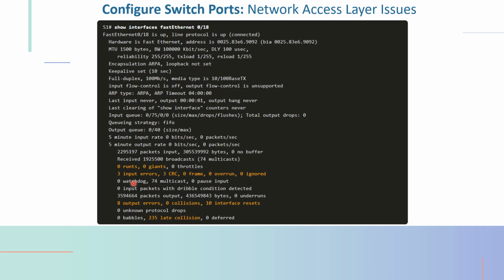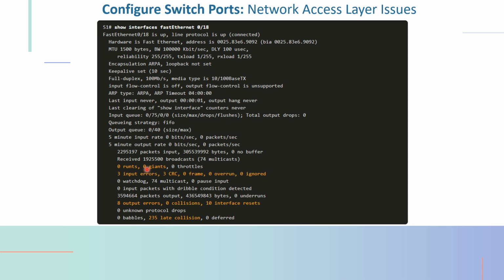We have runts, which are frames that are discarded because they are smaller than the minimum frame size for the medium. An Ethernet frame that is less than 64 bytes is considered a runt. We have giant frames, which are frames that are discarded because they exceed the maximum frame size for the medium, and we know that the maximum size is 1518 bytes; if a frame is bigger than that, it is considered a giant.